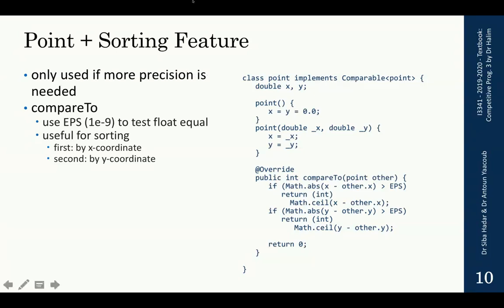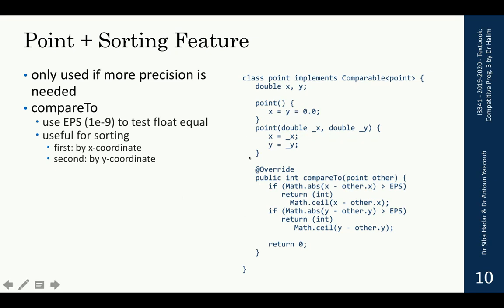So this is our class point, and here we override the method compareTo, because class point, as you can see, implements Comparable<point>, and for the one who knows Java, this is the interface that is used for sorting among other utilities.